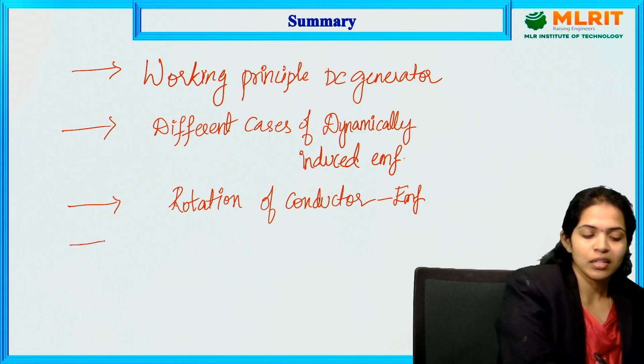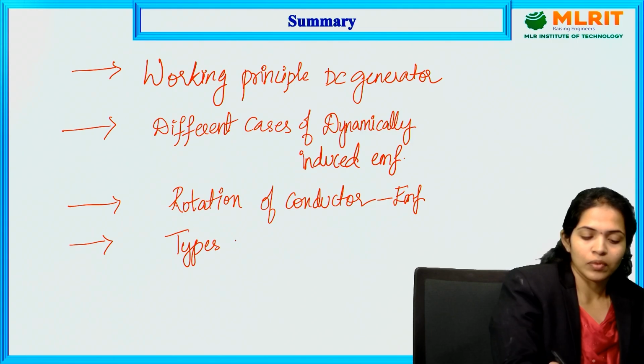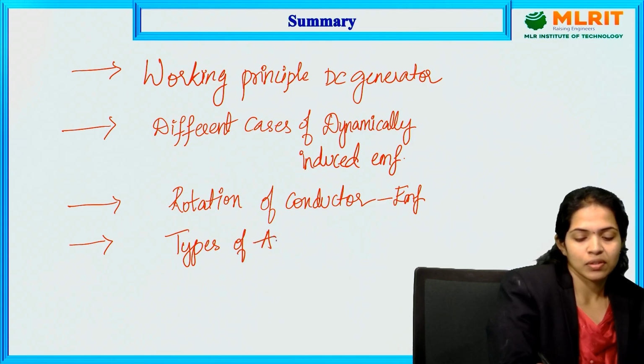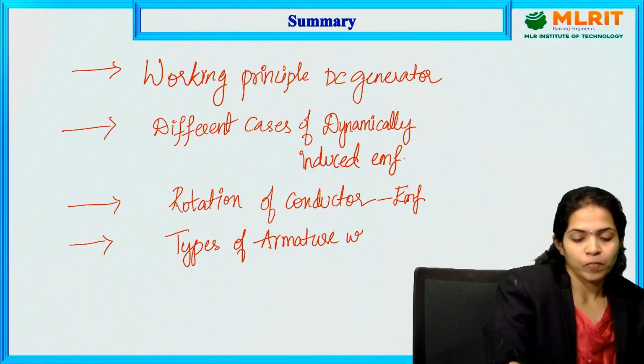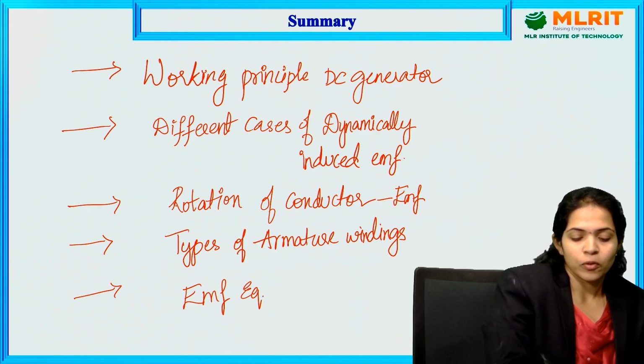Then we have seen types of armature windings. Then we have also discussed the EMF equation of a DC generator.